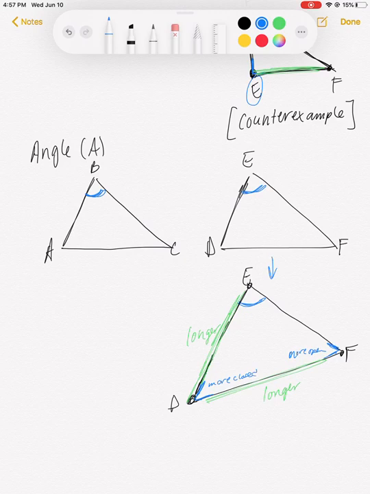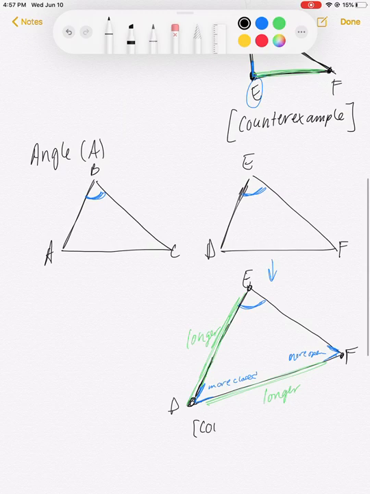Okay, and because of those changes, my angle E has not changed at all, but I was able to manipulate some of the other correspondences and create a new triangle, DEF, that has the same angle correspondence as the original, but different triangles. So that means it's not the same triangle. And thus I've created a counterexample.